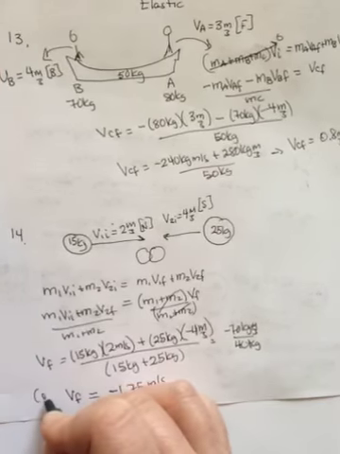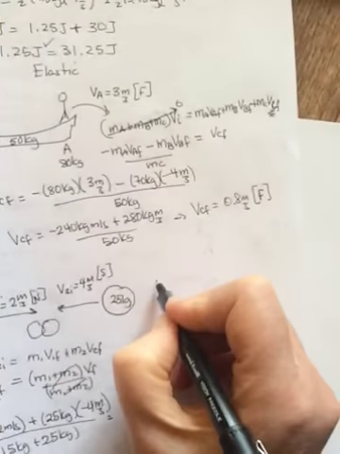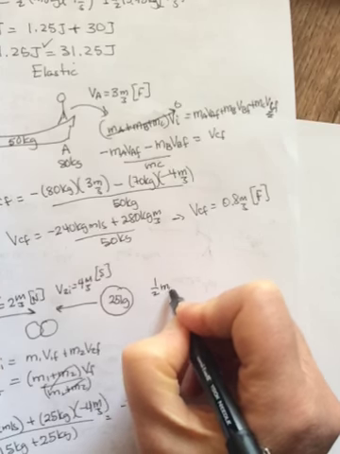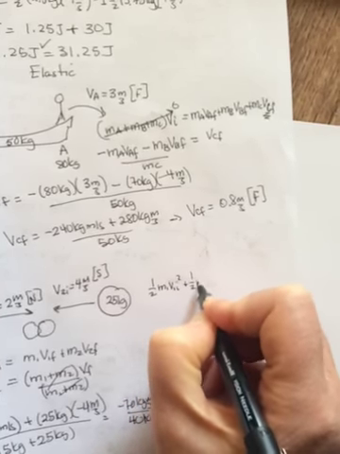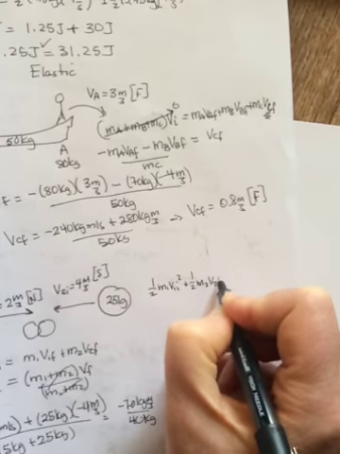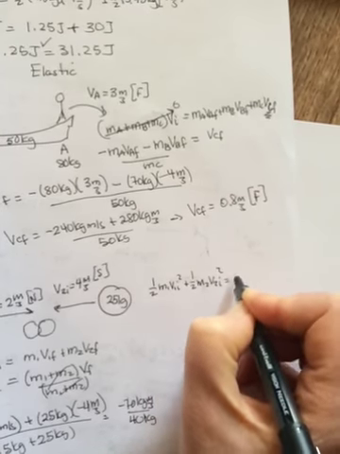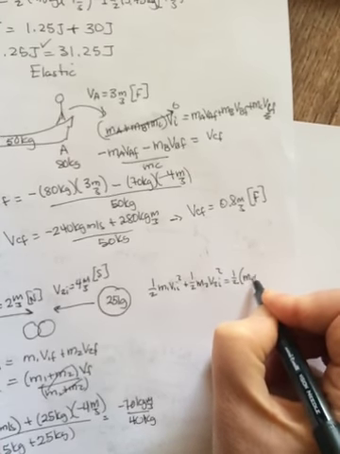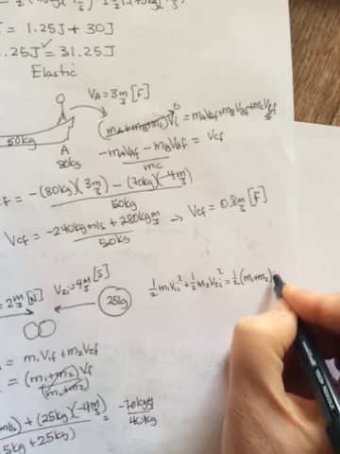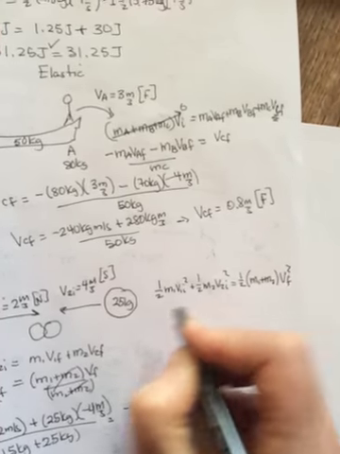So that's part A. Part B wants to know, is it elastic? So then that's when you go to 1/2 m1 v1 initial squared plus 1/2 m2 v2 initial squared equals 1/2, and they join together after, so make your life easy and write this as m1 plus m2 times v final squared.